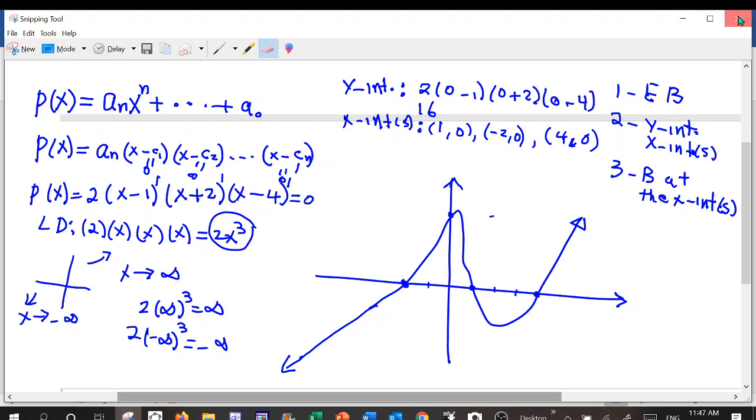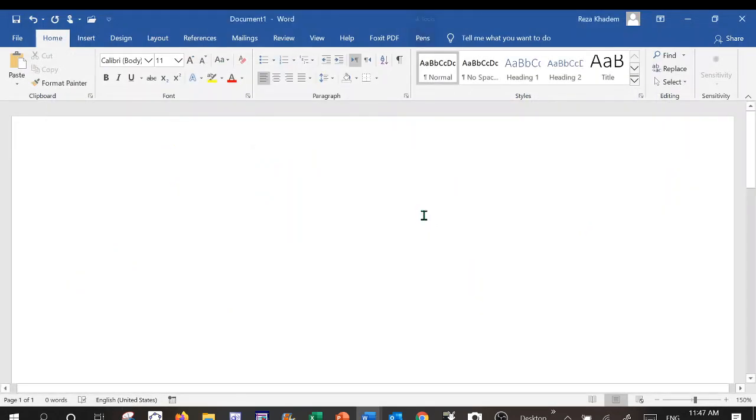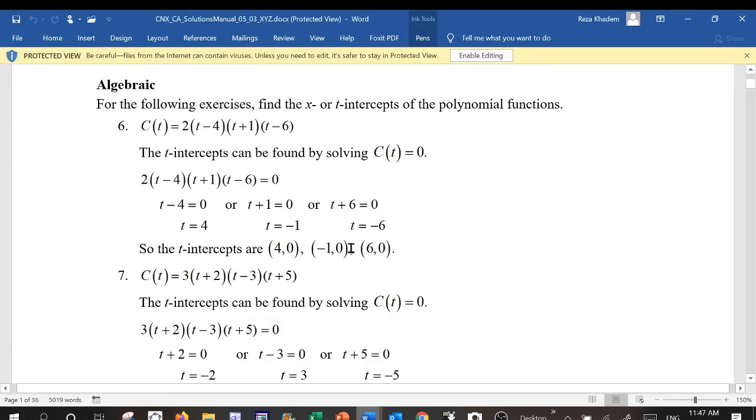Now that we know how to graph these, let's do some of these problems. So I'm going to do number 6 and 7.